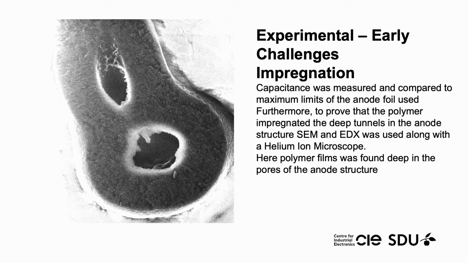In our research, we are using PEDOT:PSS formulations for high voltage capacitors over 400 volt. This photo shows the impregnation of a tunnel structure of an anode foil with PEDOT:PSS.